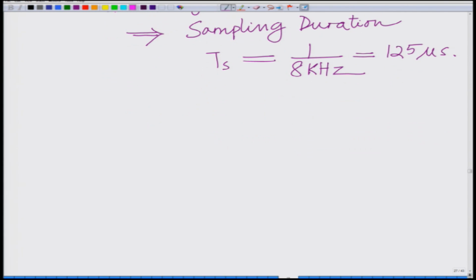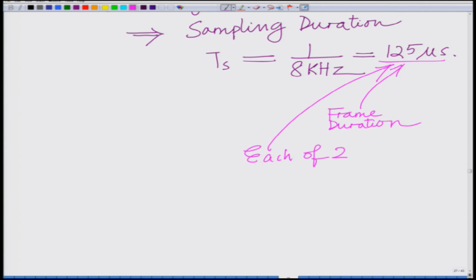Now, we can also call this the frame duration. In this, each signal generates one sample, each of the 24 signals generates one sample.